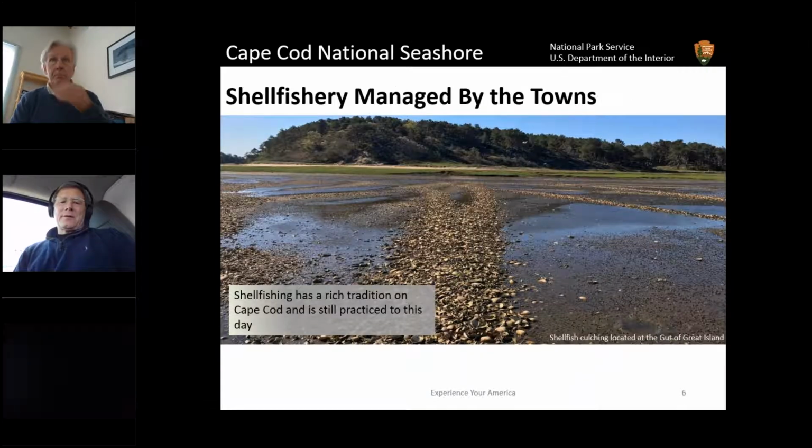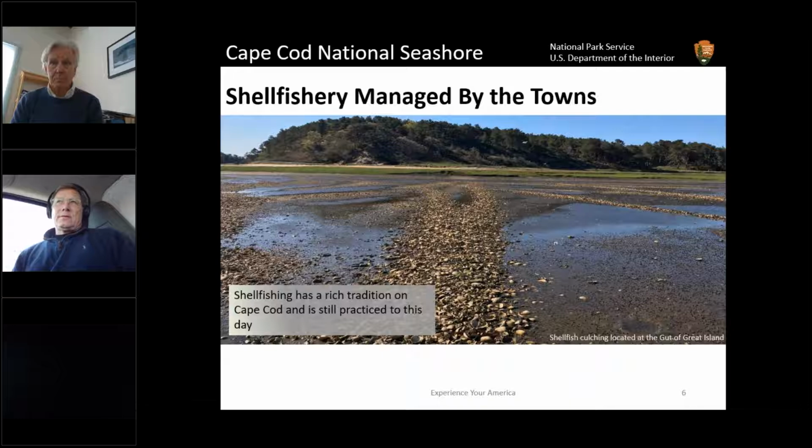Shellfish management is something that most folks wouldn't be aware of at Cape Cod unless you heard about it, but the 6 towns have the right to maintain their shellfishery by the enabling legislation for the seashore. So we work closely with the shellfish constables for each town when they give out their grants to make sure they're doing it with all the best management practices they can.